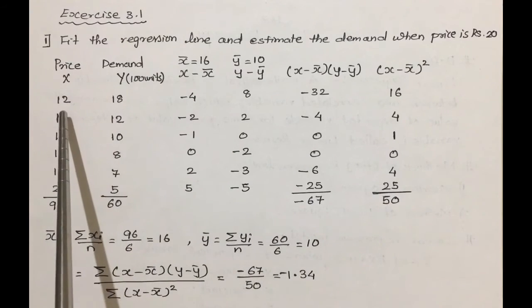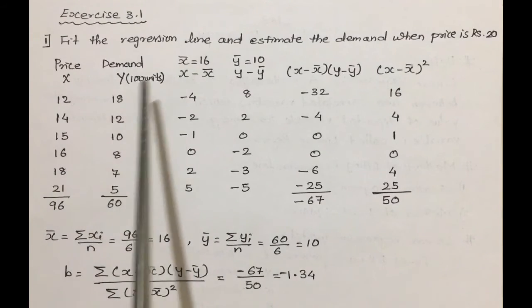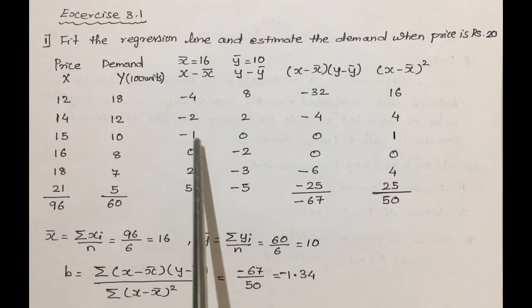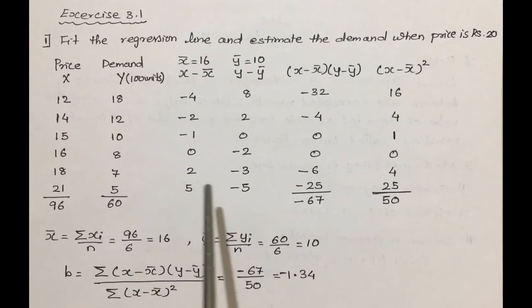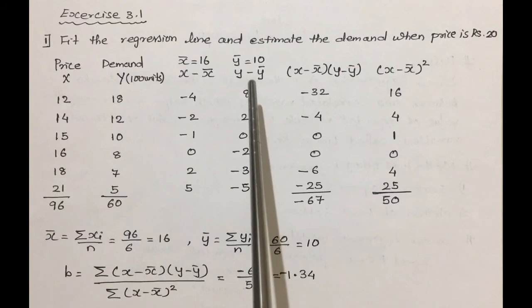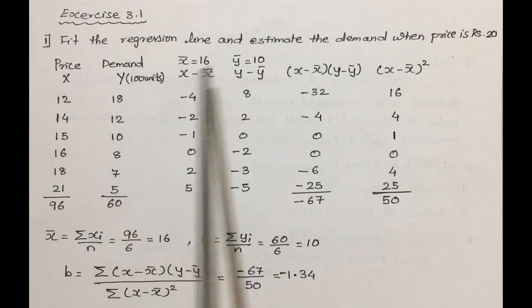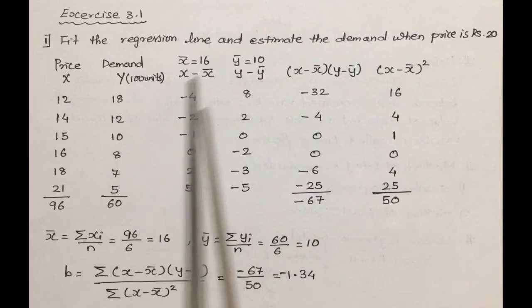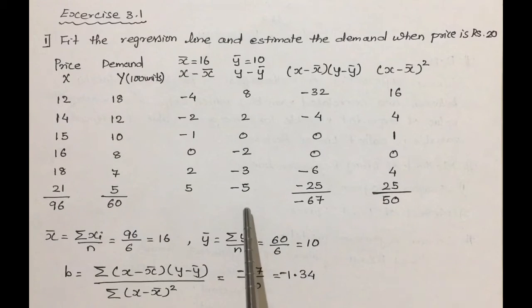So it will be 12 minus 16, minus 4; 14 minus 16, minus 2; 15 minus 16, minus 1. Likewise, the remaining observations are calculated. Same way for y minus y bar: 18 minus 10, 8; 12 minus 10, 2; 10 minus 10, 0; and all the other calculations are being done.